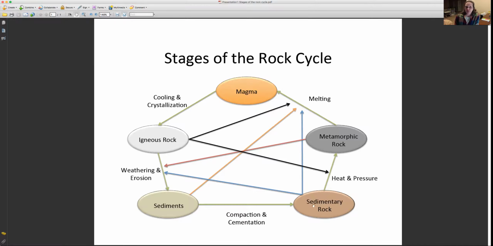Now, all 3 rocks, when they're weathered and they erode, they make sediment. Then sediment makes sedimentary rock by a process called lithification, which is a compaction and cementation of sediment to make sedimentary rock.